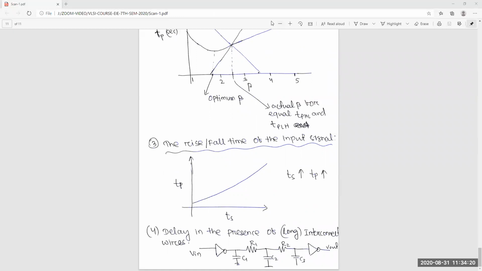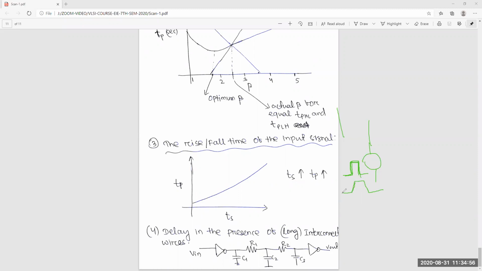So till now, what have we assumed? We have assumed that this input is ideal. Okay, no rise transition, no fall transition. It goes constantly from 0 to 1 and 1 to 0. Okay, but actually in reality this is not the case. Everywhere there is some rise time, some fall time at the input.